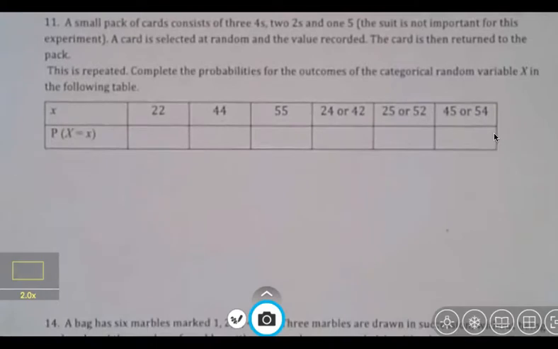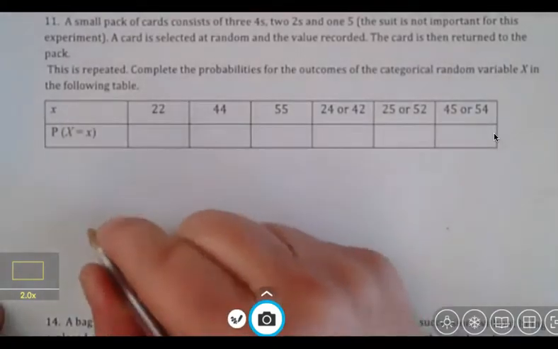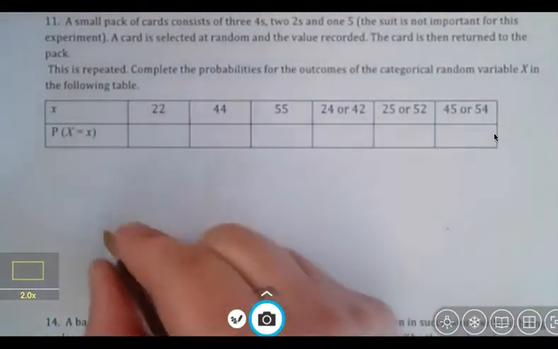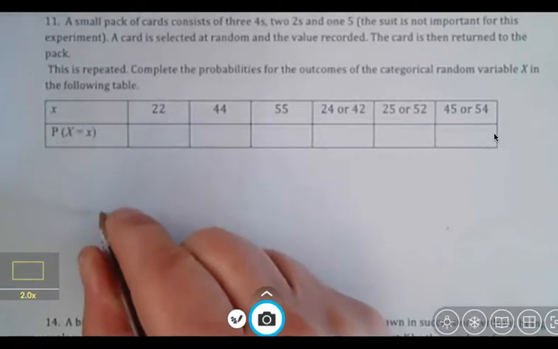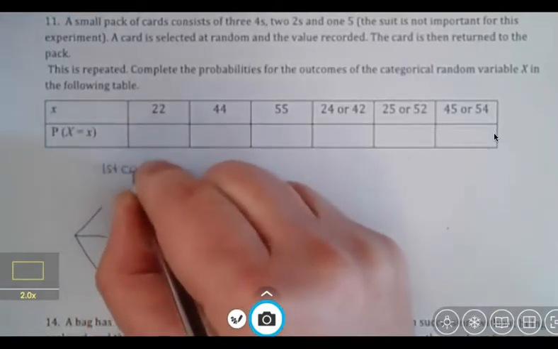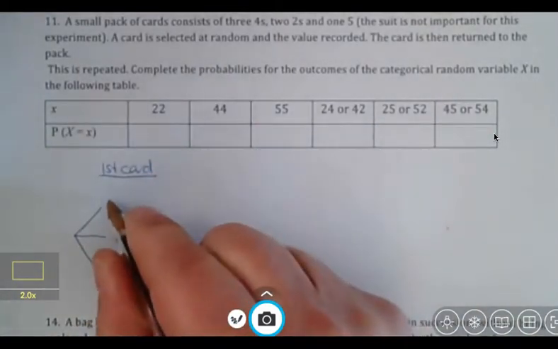You have to draw up your probability tree, and 2 cards are selected. So you're wanting to be looking at what the first card is and the second card. So make sure you put those headings on your probability tree diagram.